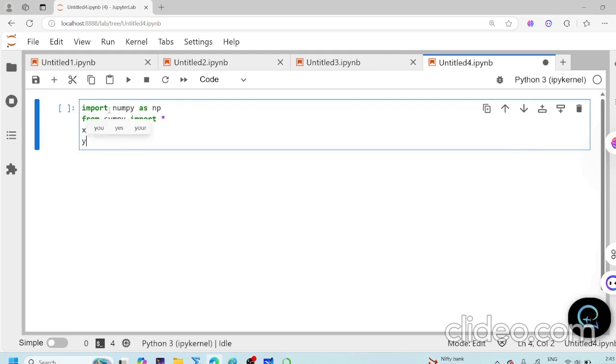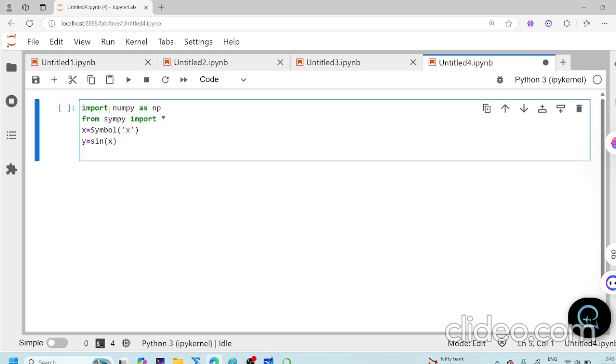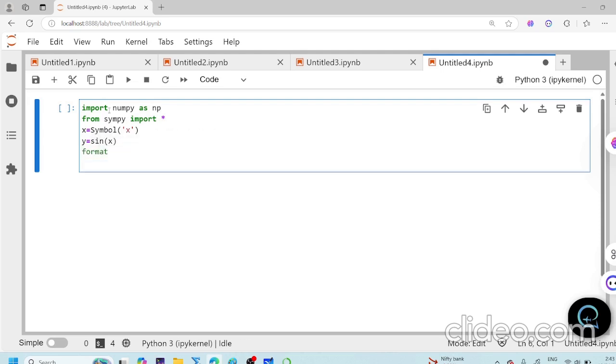Then the function y equal to, let me write sin of x. Sometimes we may need to write 1 star x within bracket. Now time being, I just write sin of x. Then as I said, format to clear the predefined value. Then define x naught. So what is x naught? X naught equal to float of pi by 2.